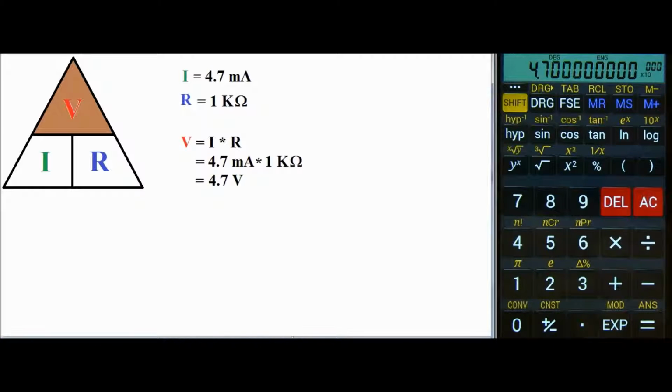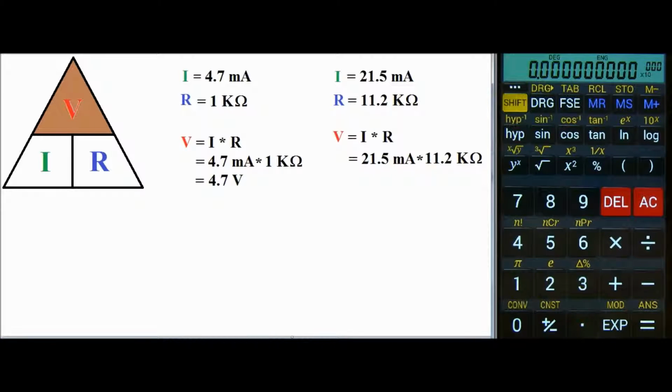So let's go ahead and do another one. I have a current of 21.5 milliamps, a resistance of 11.2 kilo ohms. So I cover up my voltage, and it tells us it's I times R. So V equals I times R. I is 21.5 milliamps.